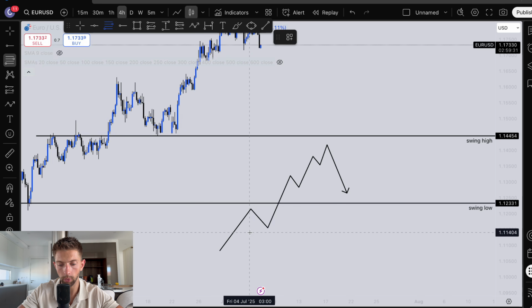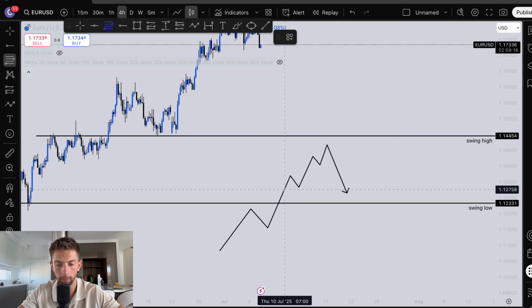That's why I'm using Fibs for this, because if price doesn't pull back at least 38.2% and it pulls back less, let's say 20%, that is not a valid pullback, that is not a valid swing low, which means all this is one push.